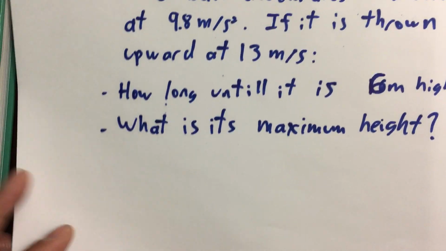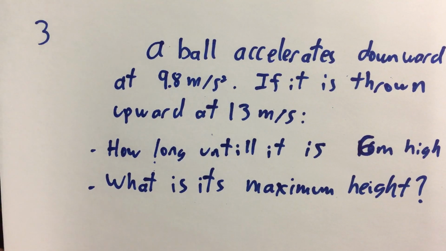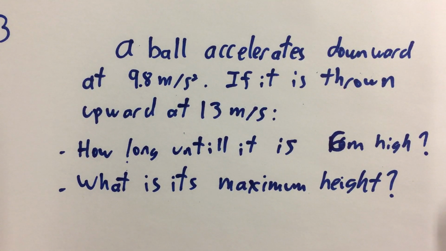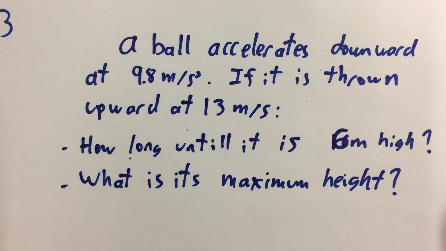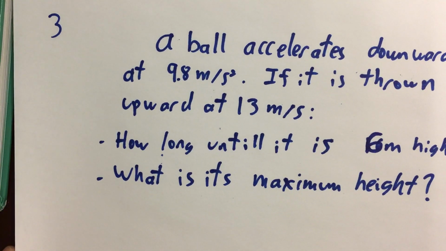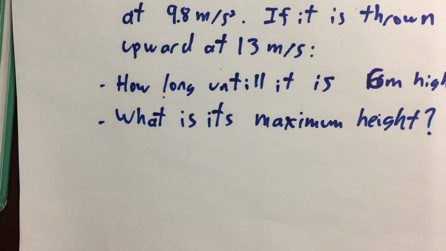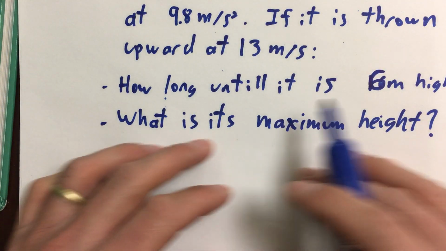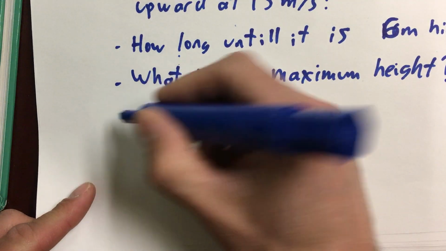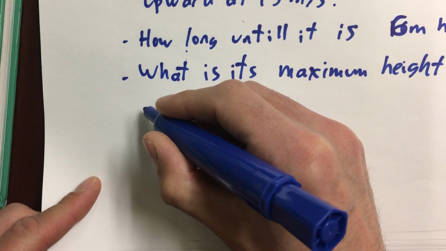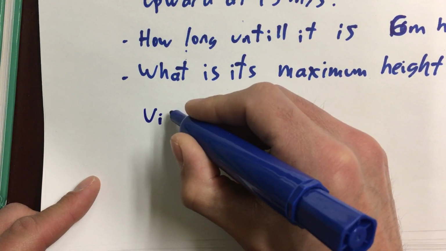So let's list all of the information that we have. A ball accelerates downward at 9.8 meters per second squared. It is thrown initially upward at 13 meters per second. Now, later on in your study of physics, you can use the concepts of kinetic energy and gravitational potential energy as a shortcut to solve this problem real quick. However, we're not there yet, so I'm going to do it using just the kinematics equations and the given information. So we have an initial velocity.